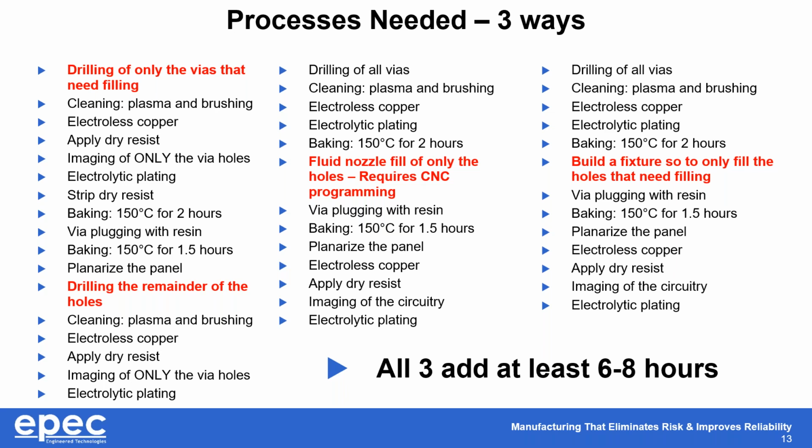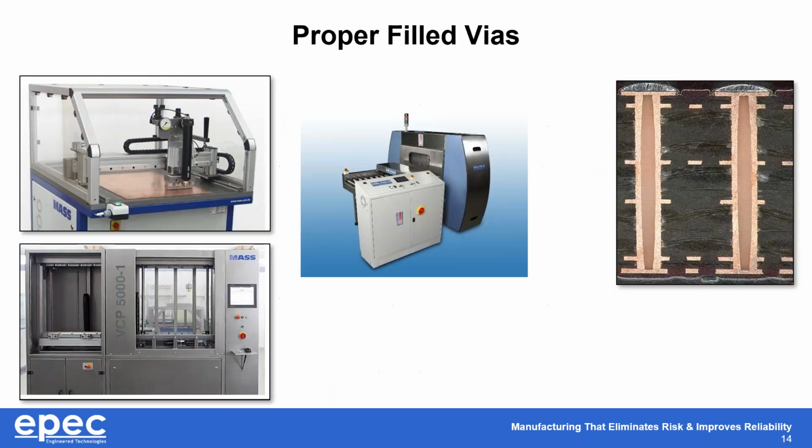And again, just like going back to a cooking reference, right? You can't just say, well, just push it up to 300 and only do it for an hour, okay? There's a reason that it's in there for 2 hours, and that's because we have to have it uniform all the way through. Otherwise, you're going to have voids inside of those vias, and that's going to be a challenge.